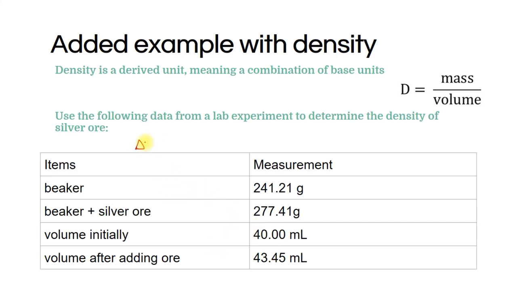So to get our change in volume, we just subtract final minus initial. And so we find out that the gold occupied 3.45 milliliters. And similarly, we're going to have to subtract to get the mass, right? So we just want to have the mass of the gold. We're going to take final, which is full, minus our initial weight, which was the empty weight.